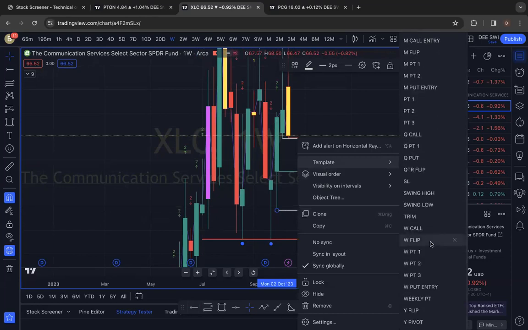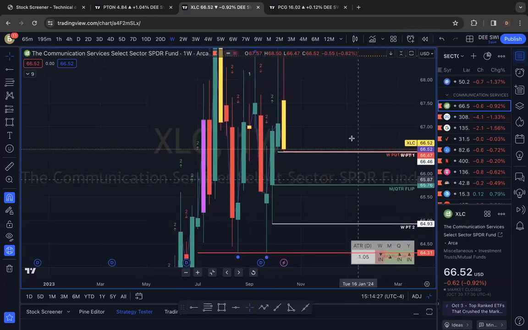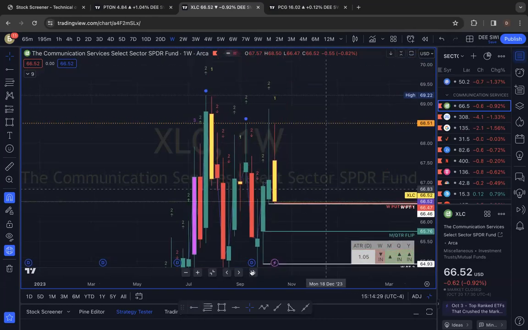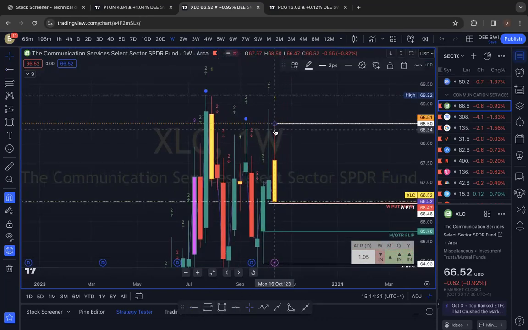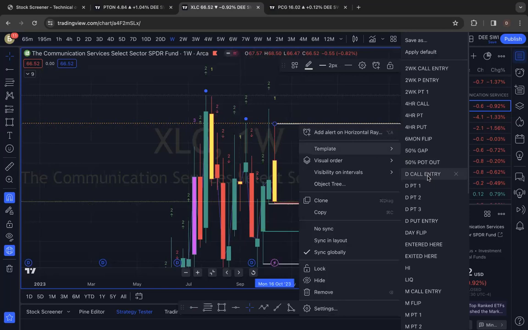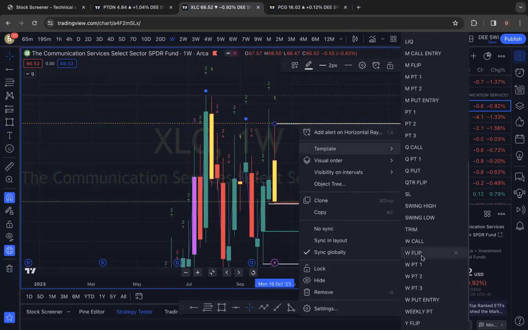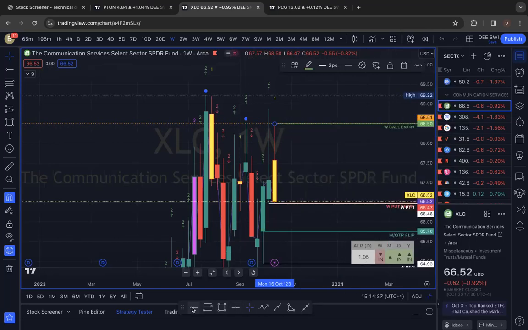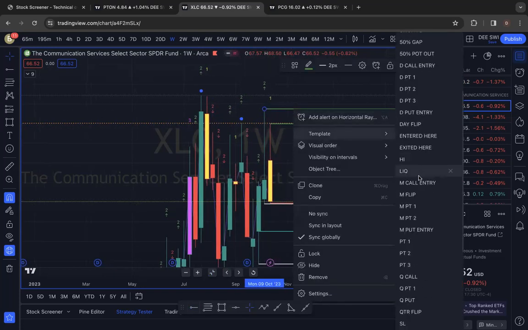So I'm going to put weekly PT2 down here. And I'm going to do the same thing for calls, just because it's an inside candle. So this is weekly calls, and this is weekly PT1.